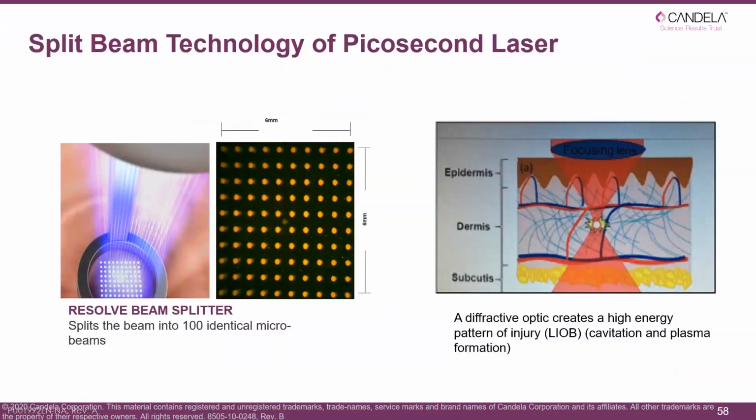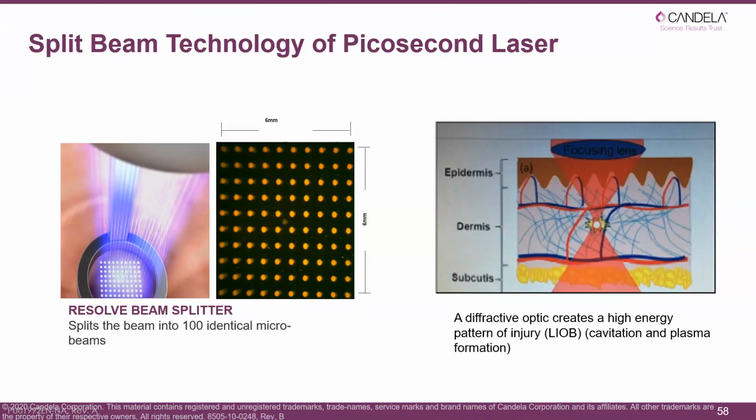This is looking at that little holographic lens in the handpiece. So it's producing this 6 millimeter by 6 millimeter square of 100 microbeams. And you can see from the graphic on the right-hand side, it's then concentrating the energy deeper into the tissue and producing these light-induced optical breakdowns.